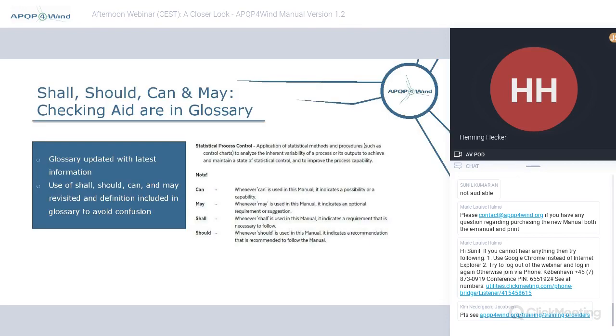In further steps, we were often asked, okay, guys, when you use the words can, may, shall or should, what is actually behind it? What is the definition? What does it really mean when you have the wording should, shall, may or can in your manual?